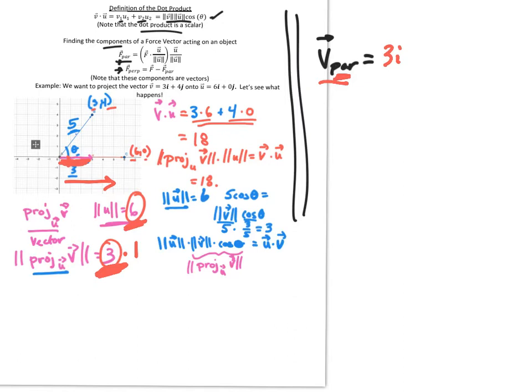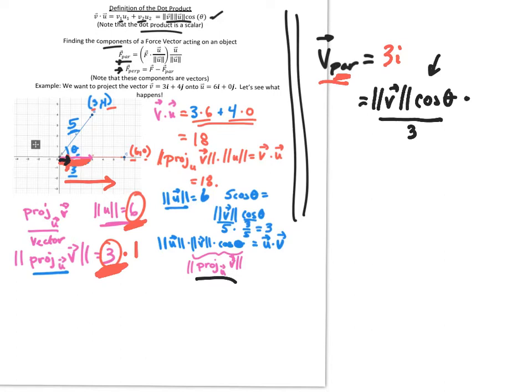So what does that mean for us? Instead of having u, I'm going to have the unit vector for u instead. Where do I get the 3 from? Well, we get it from this right here, which is the same thing as the magnitude of the projection. Remember that this is a scalar. So when I do this, I can multiply this then by 1.